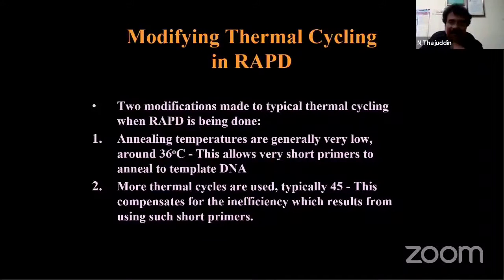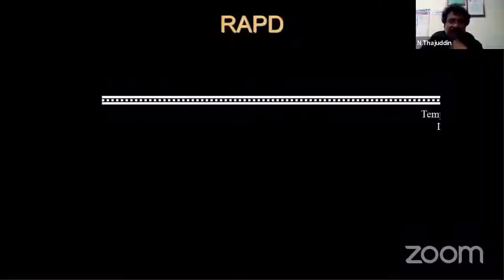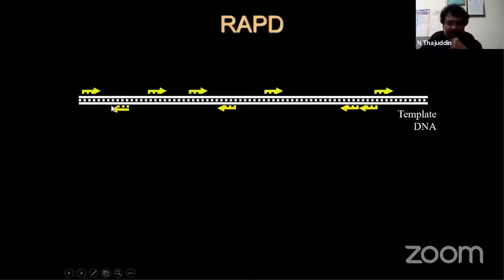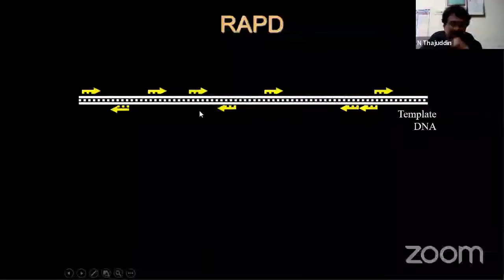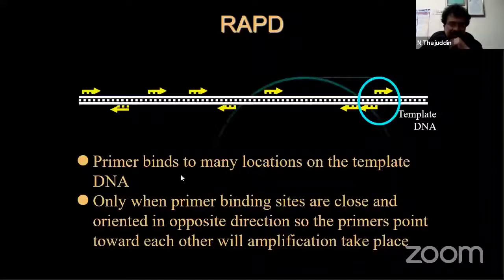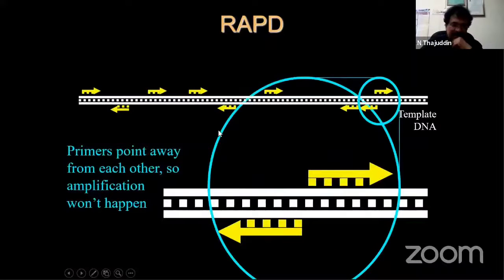after using the PCR. For example, this is our template DNA. Our very short primer binds randomly with different parts of the genomic DNA, and there are some rules. Here, it is very far away from this, so there will not be any amplification, and it is in the same direction.